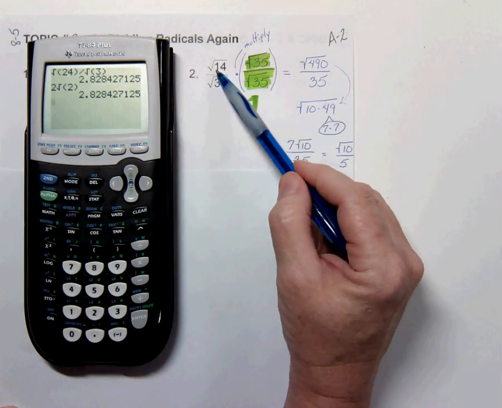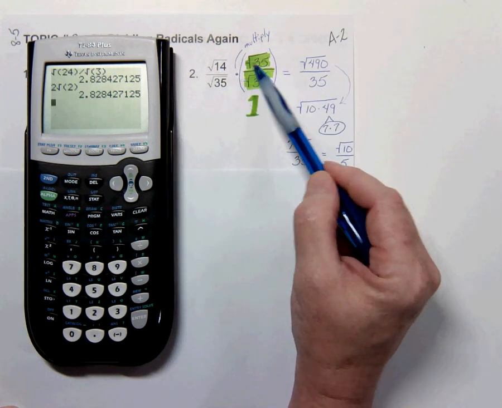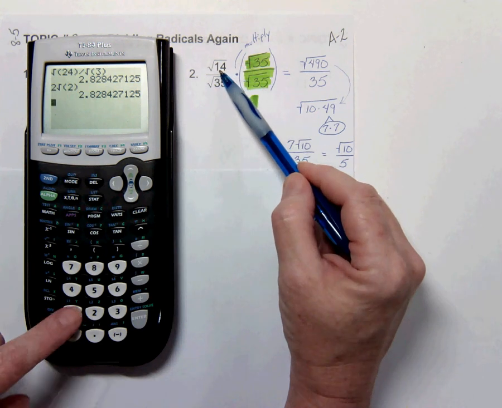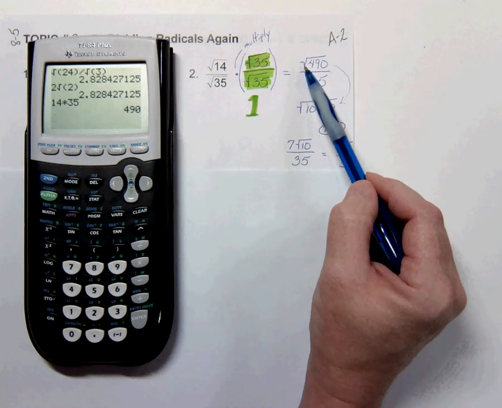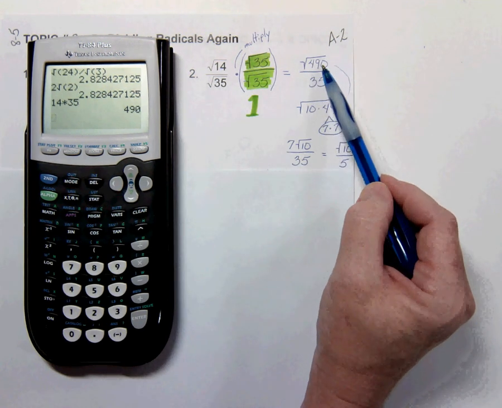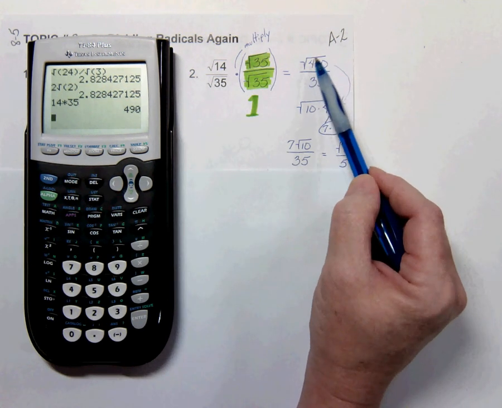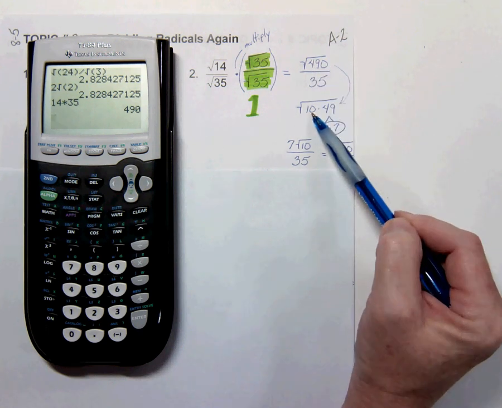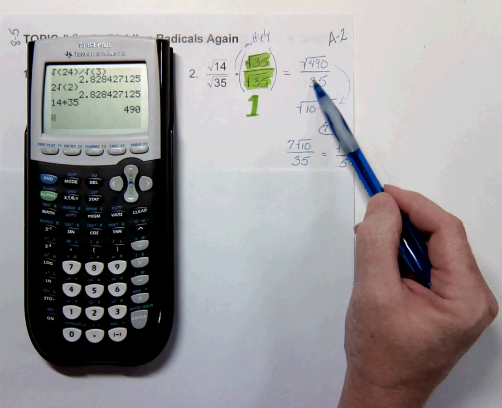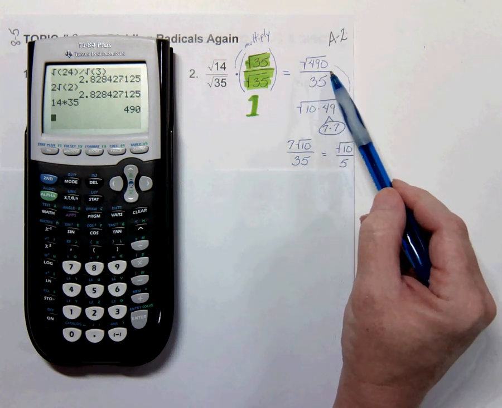Square root of 14 times square root of 35, you multiply 14 times 35. That stays under a radical. But we know that 49, I can see that that's a perfect square. It just has a power of 10 multiplied to it. So I can't forget about this 35. But right now I'm just looking at the numerator.